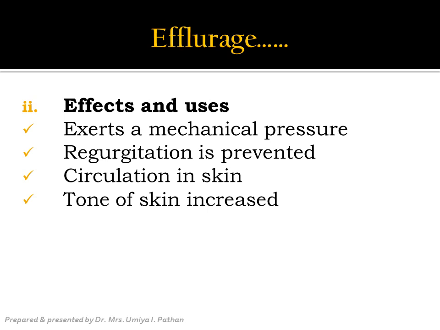Circulation in the skin improves, its nutrition improves, so the glands secrete more sebum, which leads to skin becoming soft and supple. Sweat is excreted and tone of the skin is improved.